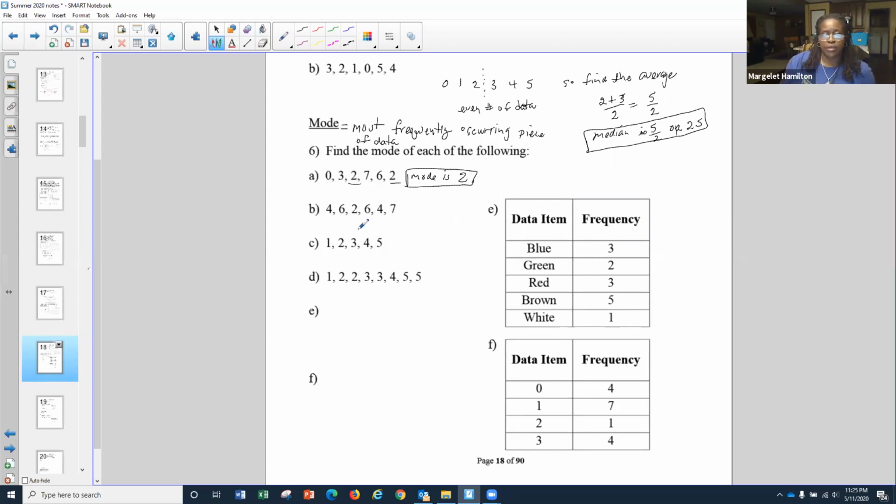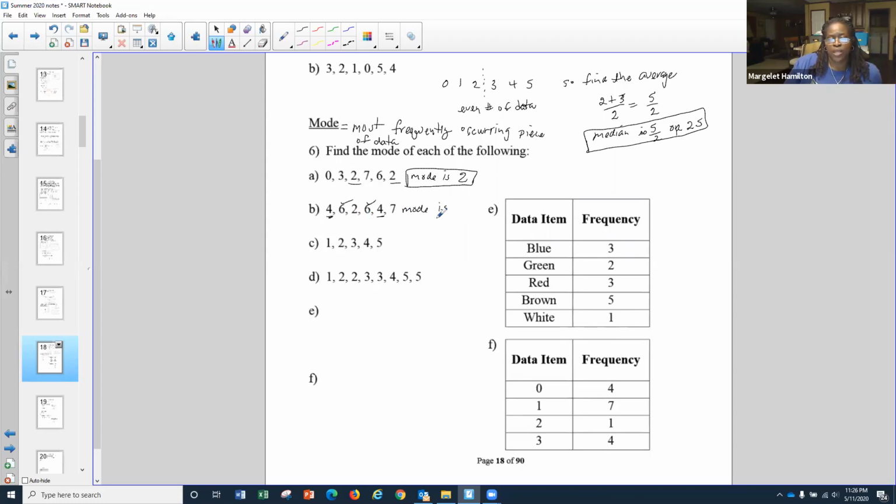All right, let's look at the second one. So we have 4, 6, 2, 6, 4, 7. So I see 2 4s going on here, and I see 2 6s going on. All right, so I see here that our mode, we have 2 of them.